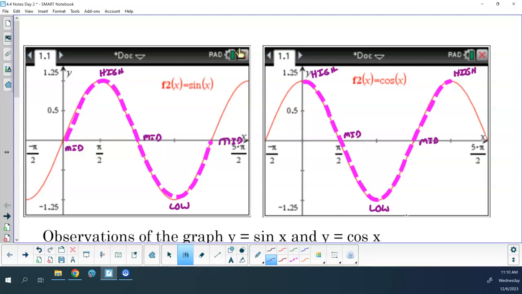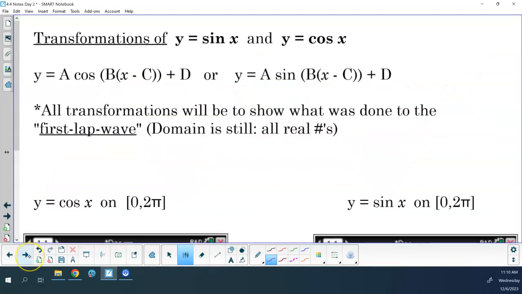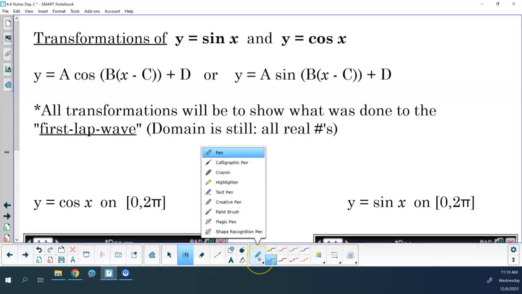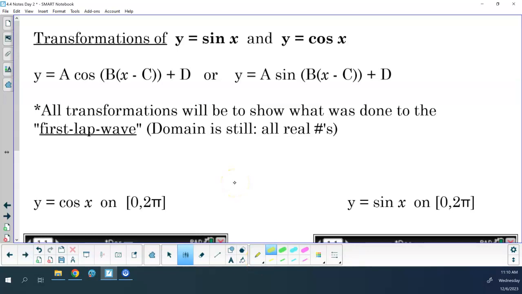What we are going to get into now is the transformations of sine and cosine. Okay? These two equations, here's our cosine equation, here is our sine equation. Those two equations are going to be very beneficial for you.